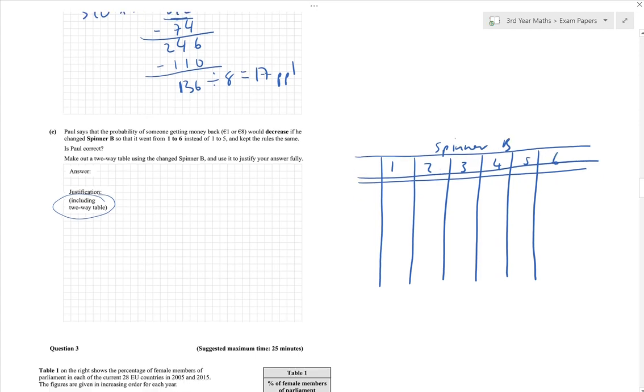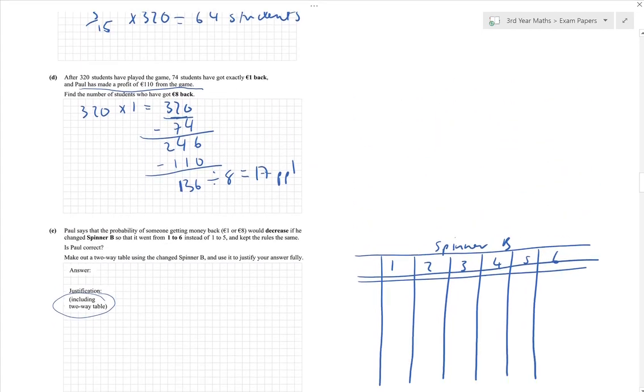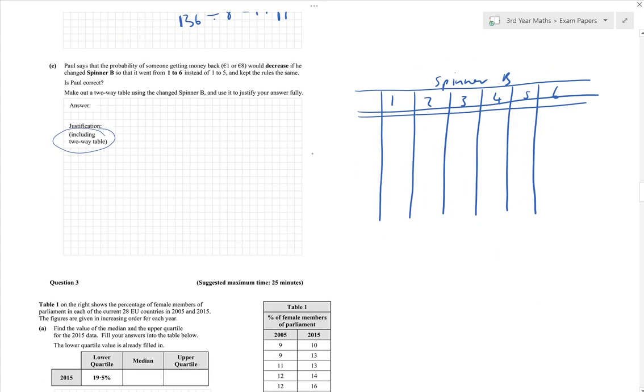Spinner A went from 1 to 3 before, so spinner A is going to go 1, 2, 3. Sorry. It says everything else is kept the same. Spinner A actually just goes to 3 again.